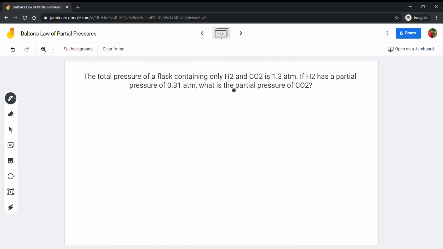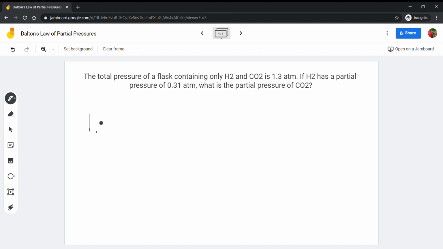Next problem. The total pressure of a flask containing only H2 and CO2 is 1.3 atmospheres. If H2 has a partial pressure of 0.31 atmospheres, what is the partial pressure of CO2? Okay, so in this case, we are given the total pressure.